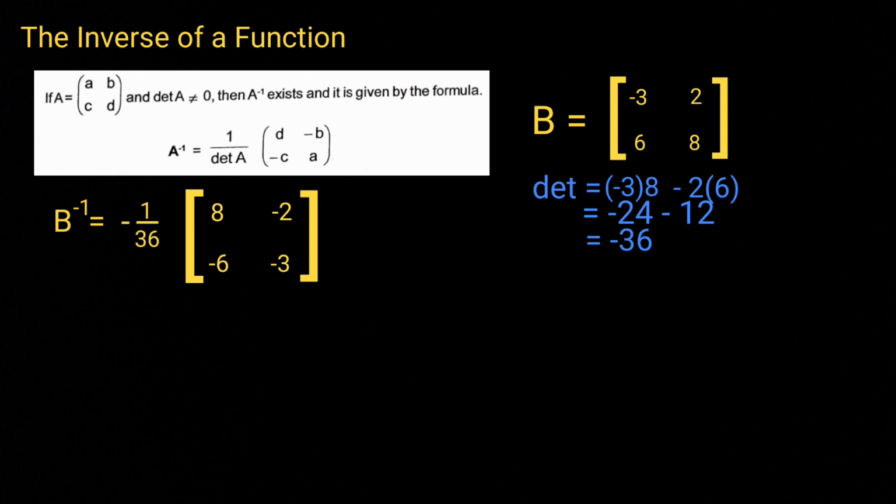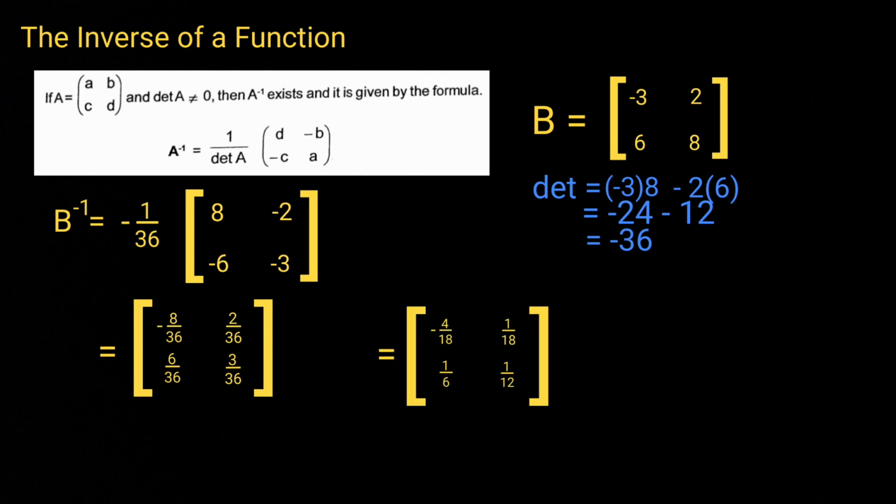So we get negative 8 over 36, 2 over 36, 6 over 36, and 3 over 36, which can be further simplified to negative 4 over 18, 1 over 18, 1 over 6, and 1 over 12. And just like that, we have now found the inverse of the matrix B.